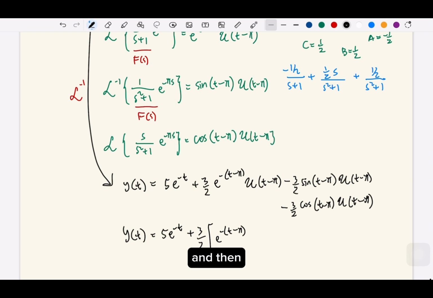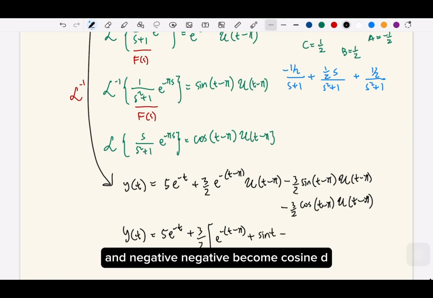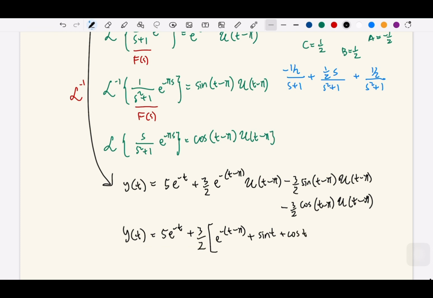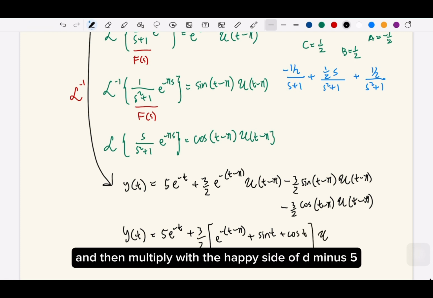And then the sign will be negative, right? So positive sine t, and negative become cosine t, and then multiply with the Heaviside of t minus pi.